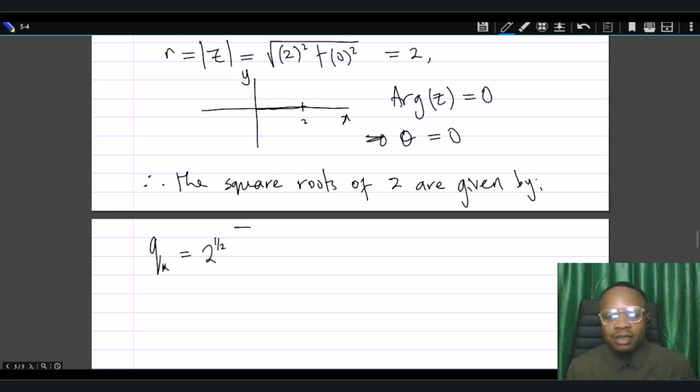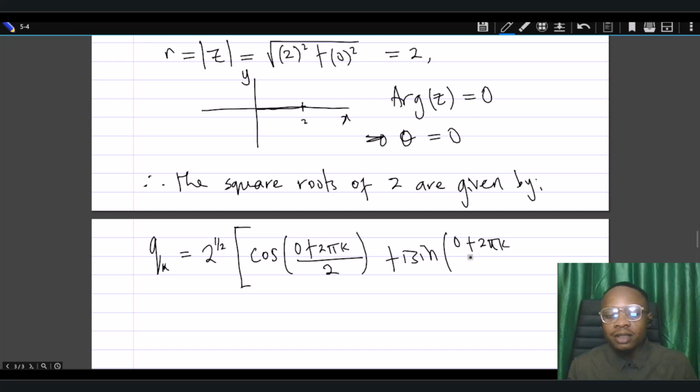Then we'll put this into bracket and this should be equal to cos of theta, theta is 0, plus 2 pi k, then divided by 2 because n is equal to 2 here, then plus I sine of 0 plus 2 pi k, then divided by n, which is 2. So we put all of this here. Then we know that our k should be equal to 0 and 1.